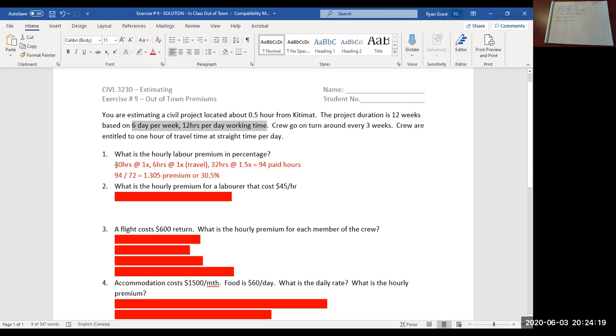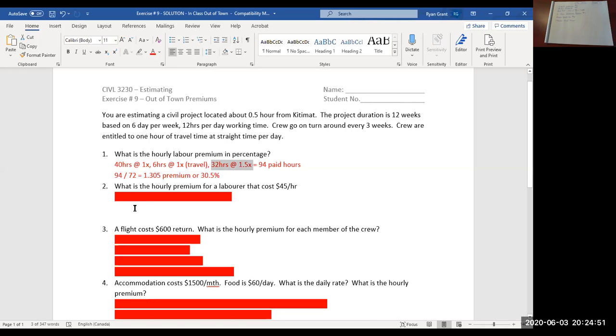So out of that 72 hours, 40 is straight time. 72 minus 40 leaves 32 hours at overtime rate. Okay, so the premium percentage is 30.5%.